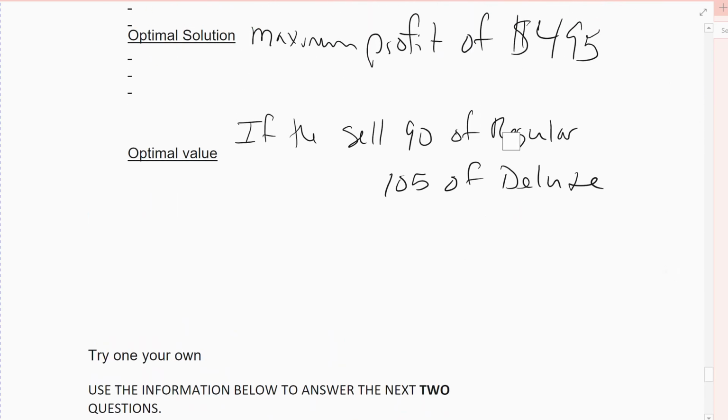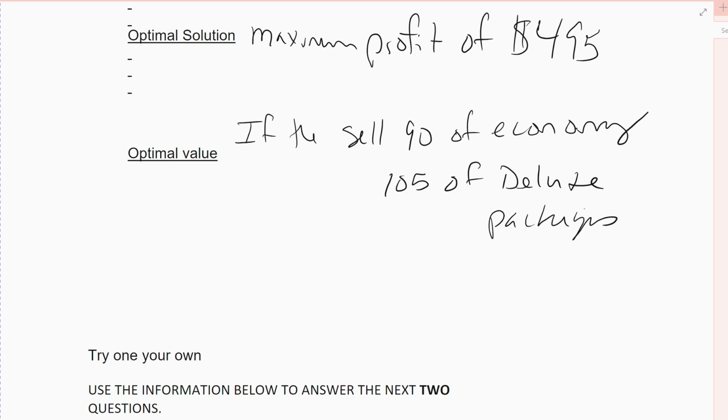Of the economy and 105 of the deluxe. Alright, so if they sell 90 packages of the economy and 105 packages of the deluxe, they'll make a profit of $495, and they won't exceed how much material they have, right? They only have so much coffee, and they'll stay within the bounds of their coffee.